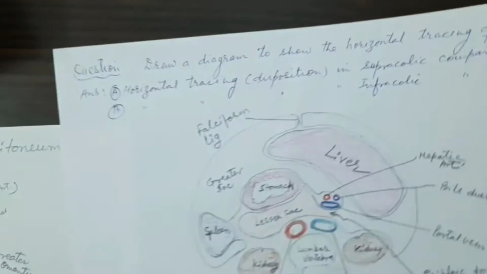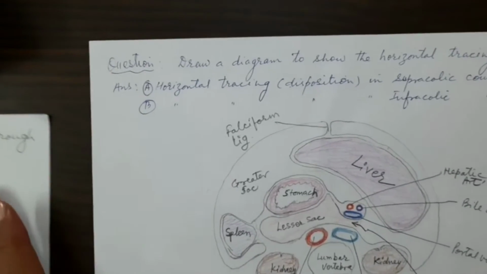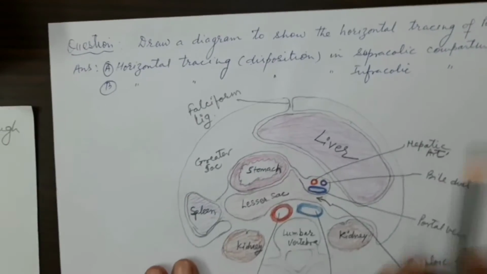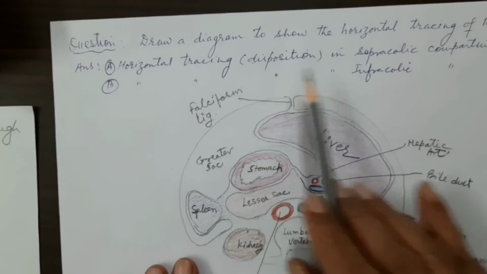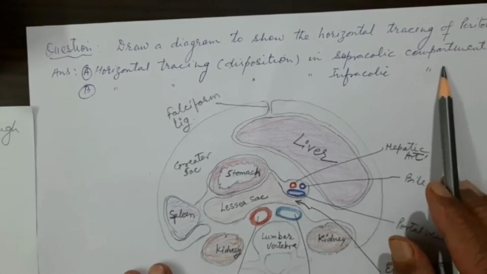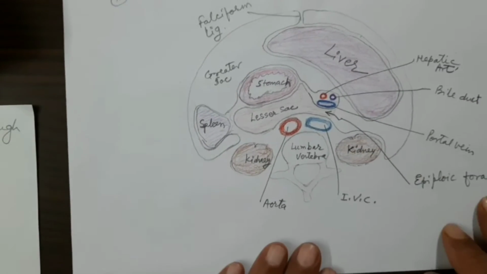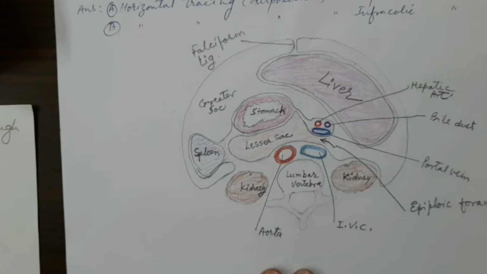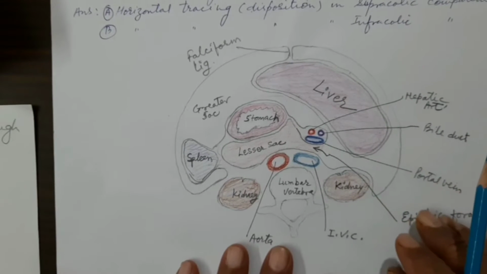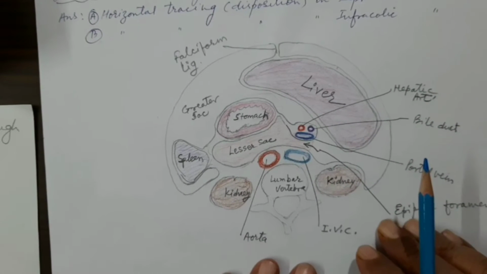After this introduction, let us come to the first disposition or the tracing, and the first tracing is at the supracolic compartment. This is the diagram to show you the tracing in the supracolic compartment, similar to our last video where vertical disposition was traced.